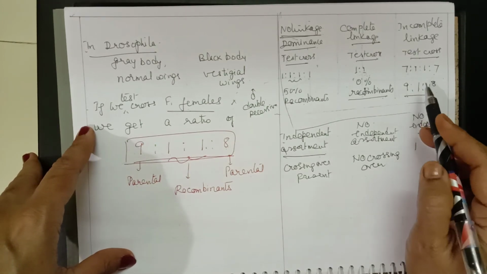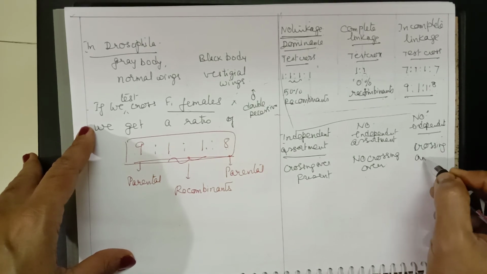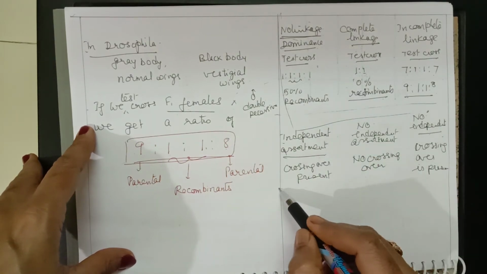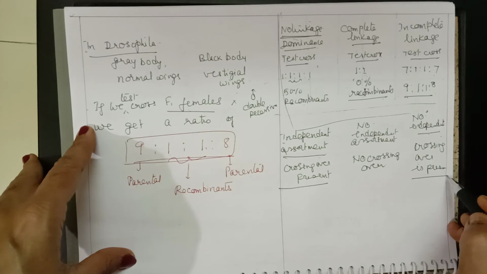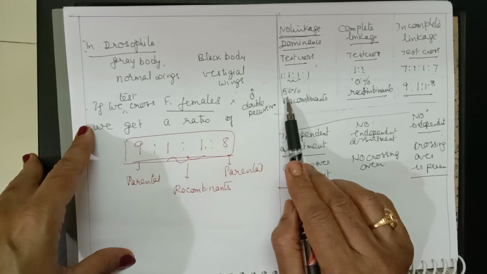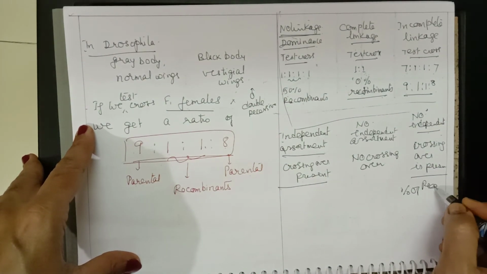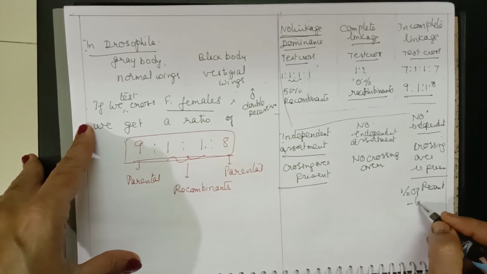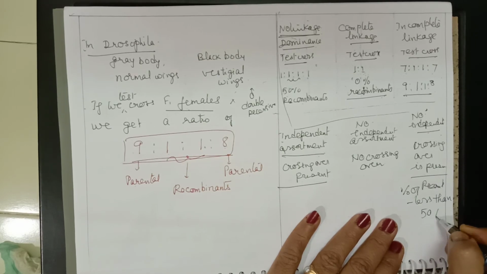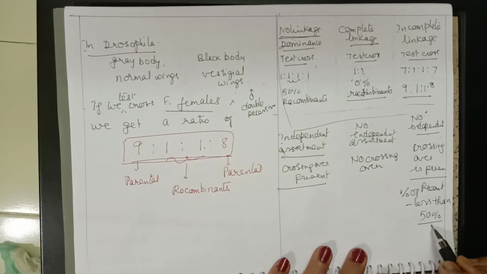Similarly, in incomplete linkage, crossing over is present, some amount of crossing over. But the percentage of recombination in the no linkage case is 50%, whereas here it is less than 50%.